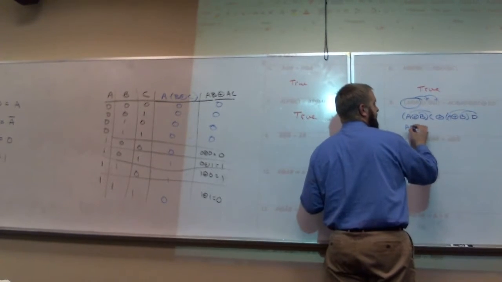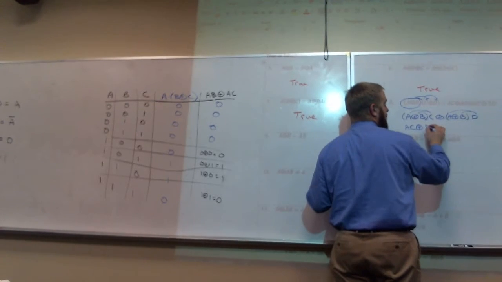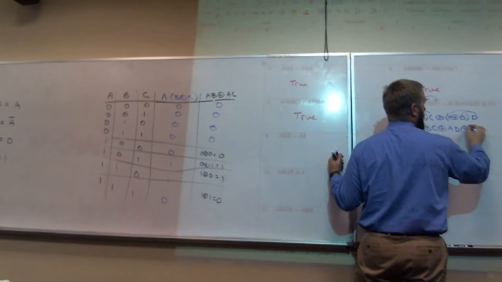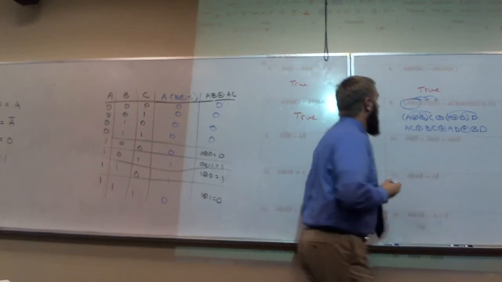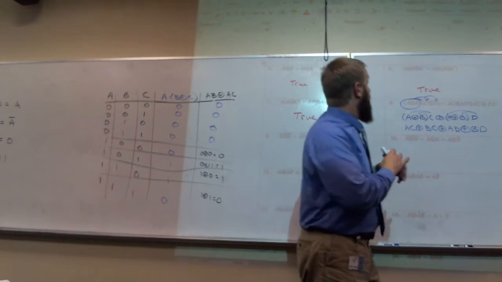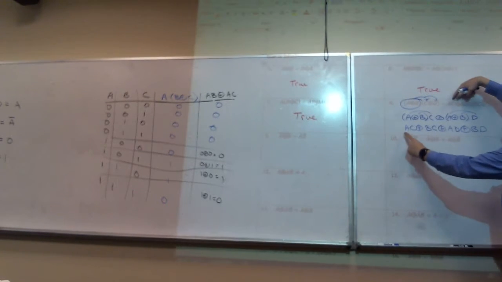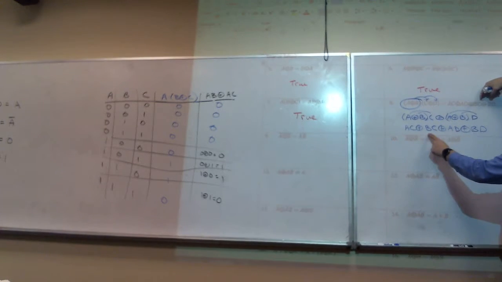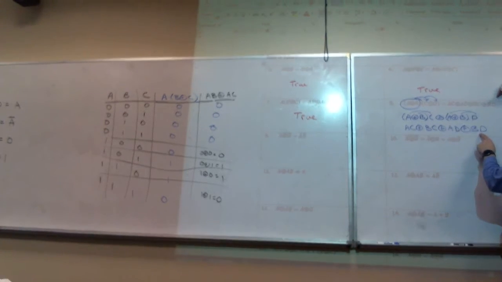I have AC XOR BC XOR AD XOR BD, and then by the fact that it's commutative and associative, I'll have the same things I have here: AC, AD, BC, BD. Just different.